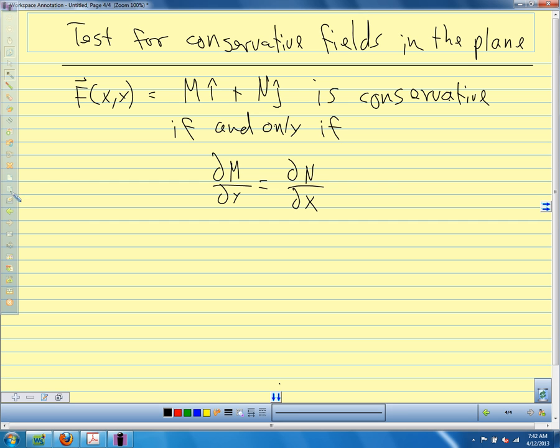So if F is conservative, then we know that F is the gradient of some scalar function.